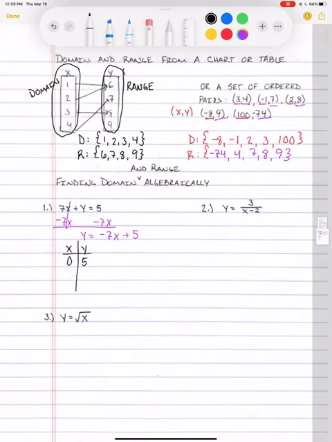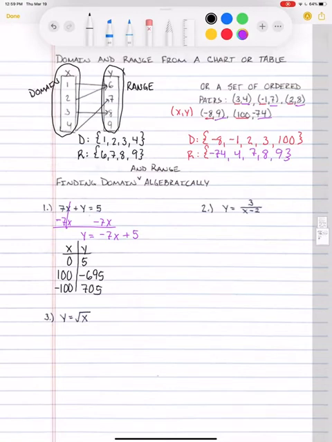If I plugged in 100, 100 times negative 7 is negative 700. Plus 5 is negative 695. If I plugged in negative 100, negative 100 times negative 7 is positive 700, plus 5 is positive 705.